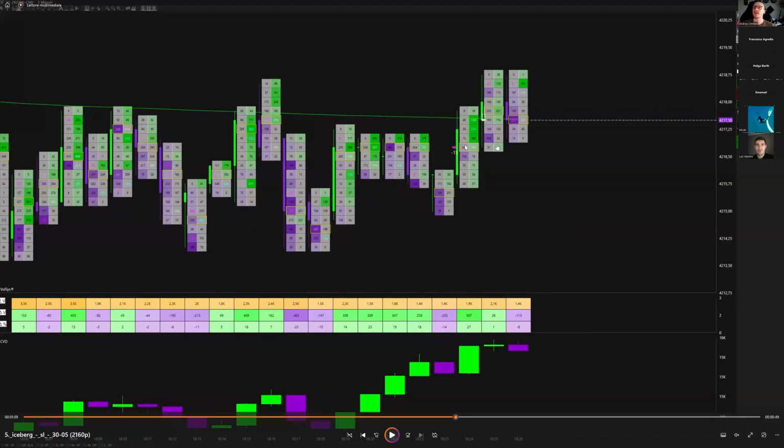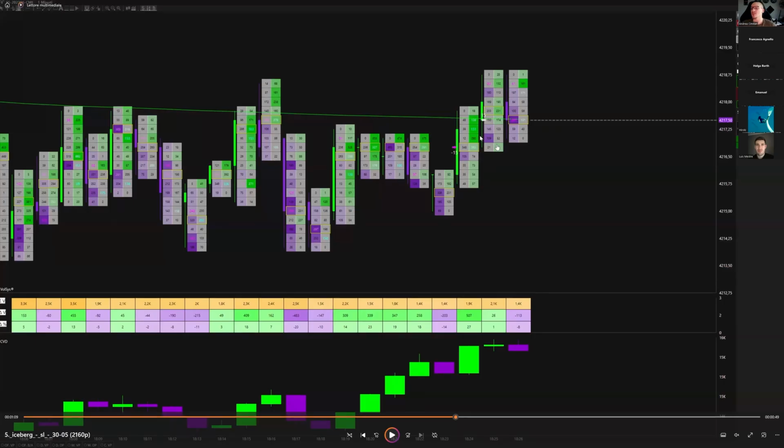So what happens when an iceberg gets broken like this? By the way, this was in the New York session. That's why it was a stop loss, as I told you. During the New York session, there's really a lot of volume going on. As you can see, every candle has 3,000 contracts, 2,000, 2,000, 2,000.